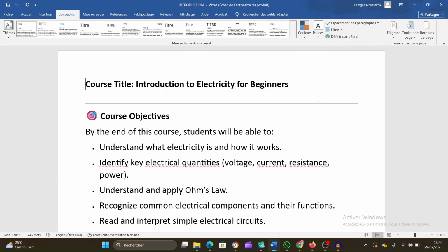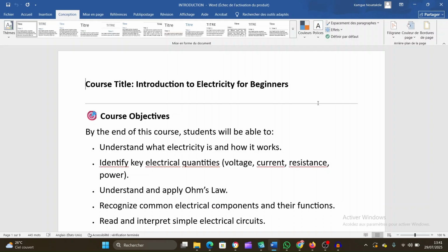Number 3, which stands as an objective also, is to understand and apply Ohm's law. Ohm's law is the fundamental law for electricity, without which nothing can work. The fourth objective is to recognize common electrical components and their functions.